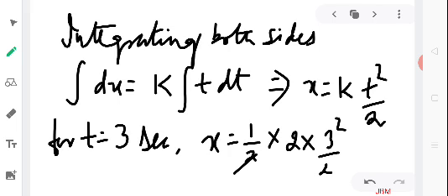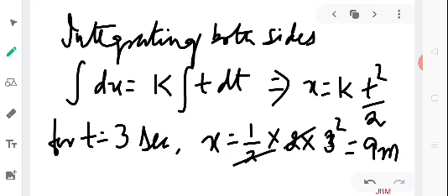So you can cancel out 2 and 2, so that is left with 9 meter. Half into 2 into 3 square will give us 9 meter. So the displacement is 9 meter.